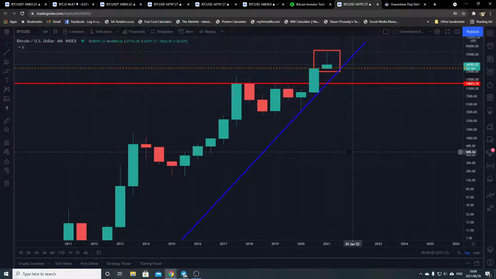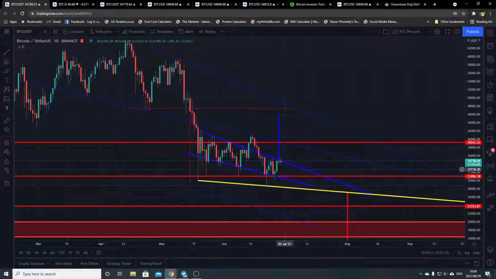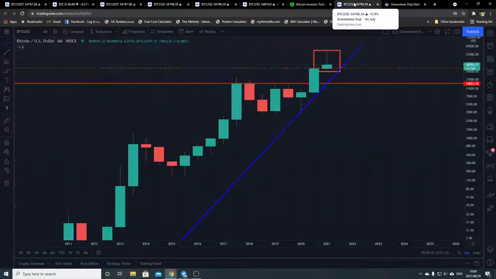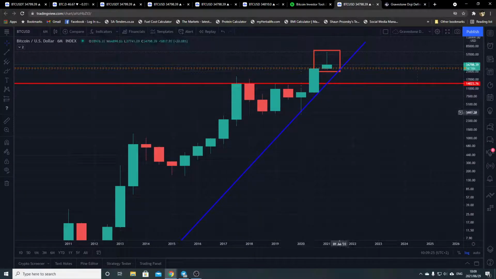We're trying to break out of our symmetrical triangle, but unfortunately we are struggling to get out of here. We have to wait and see what's going on, and let's hope we can break out of this and avoid the Gravestone Doji.